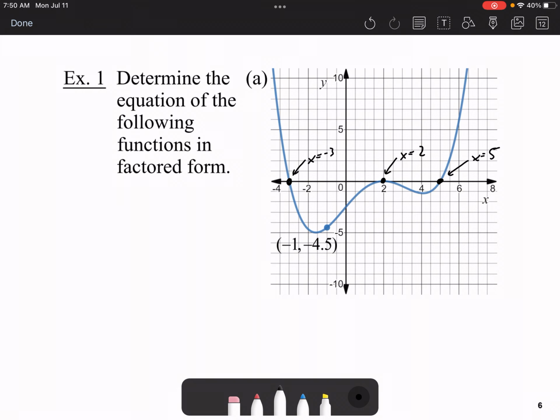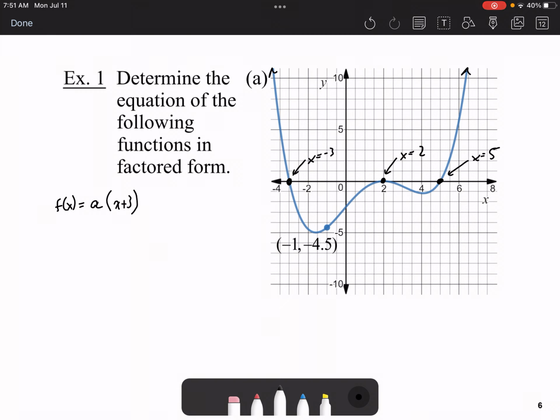Okay, now I'm going to start writing down this function. I'm going to call it f of x. But the thing is, I don't know what the stretch or compression factor is, and I don't know what the leading coefficient might be. So I'm going to put a value of a, just an unknown value. But my factors, because one of my zeros is x equals -3, the first factor should be x plus 3.